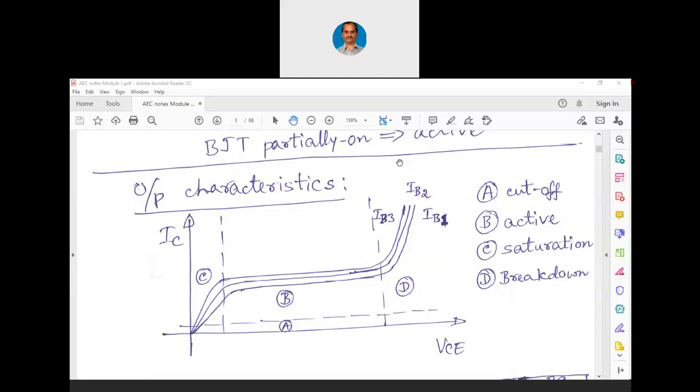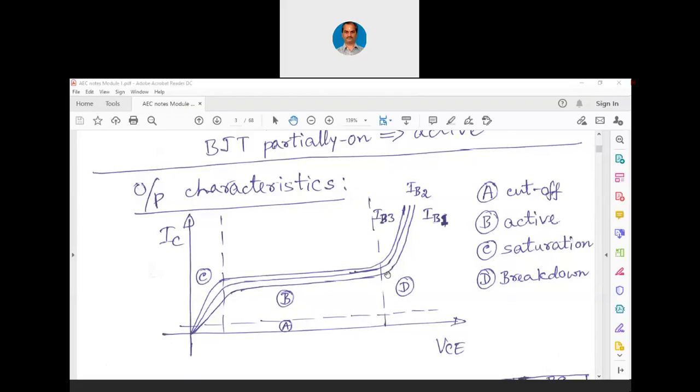Screen is not visible to anyone? Anyway, recording is on. So even if there are some issues, later on you can go through the video. Fine, let me proceed.